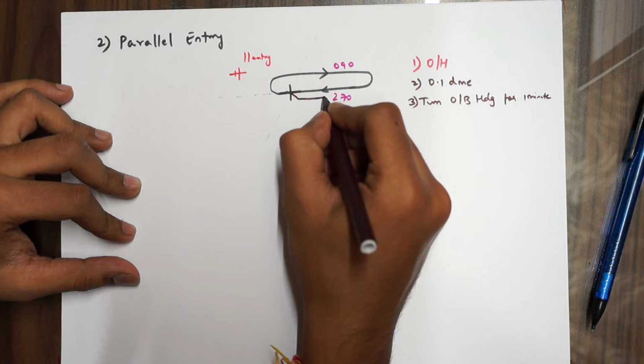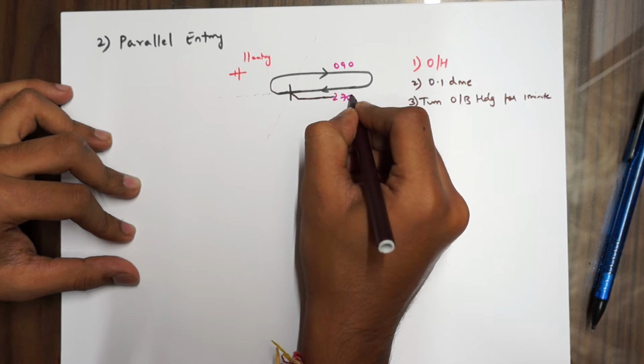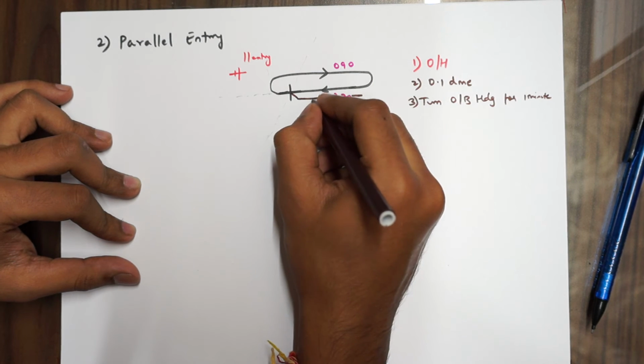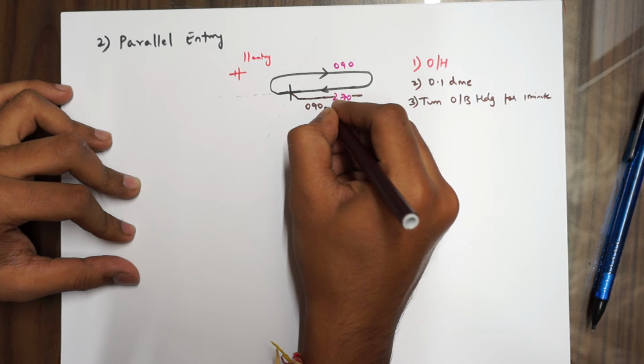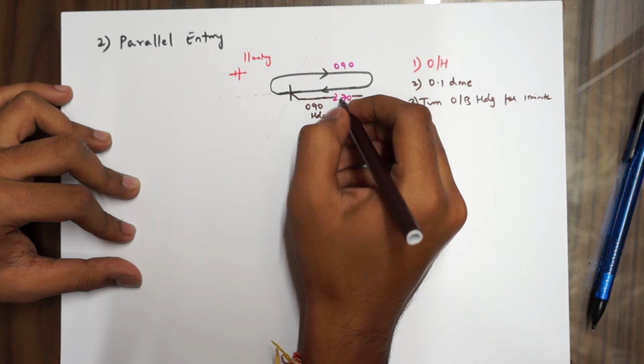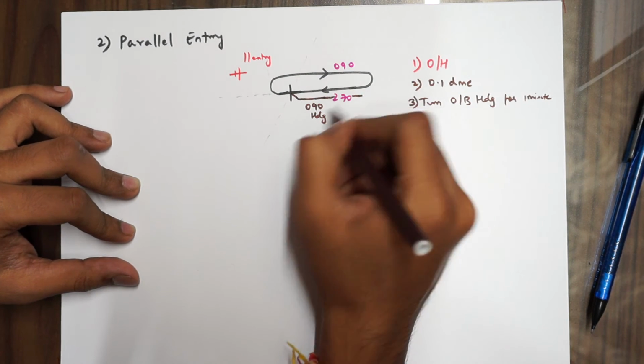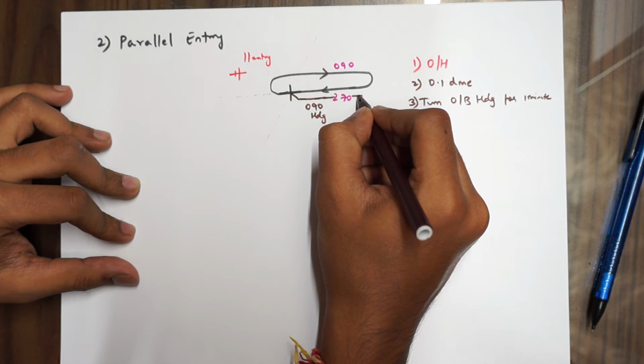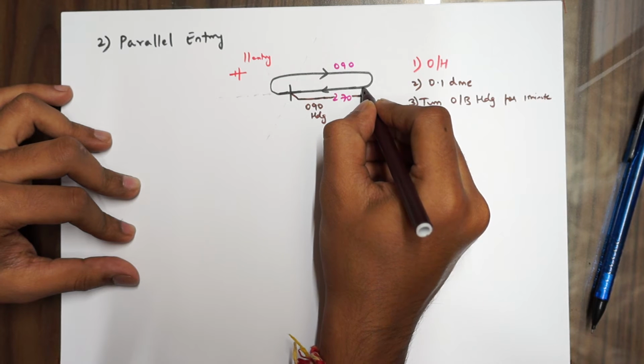This will be parallel to your inbound course. Suppose you have turned like this, and this brown line will be the 090 heading. Do not confuse it with 270, which is the inbound course. After crossing 0.1, you'll fly parallel on a heading of 090, and then turn.